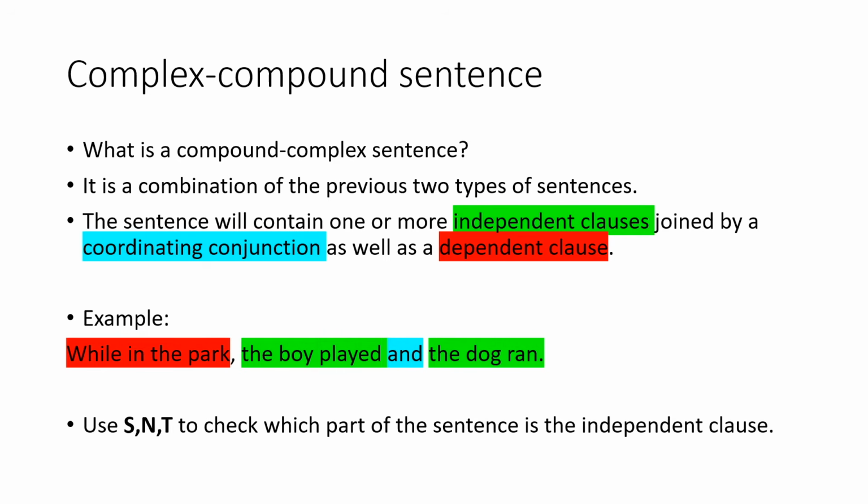Looking at this example, while in the park is our dependent or subordinate clause, coming together with our independent or main clause, the boy played, joining with a coordinating conjunction of and, as well as the independent or main clause, the boy ran. We are combining all elements of the sentence to create a complex compound sentence.